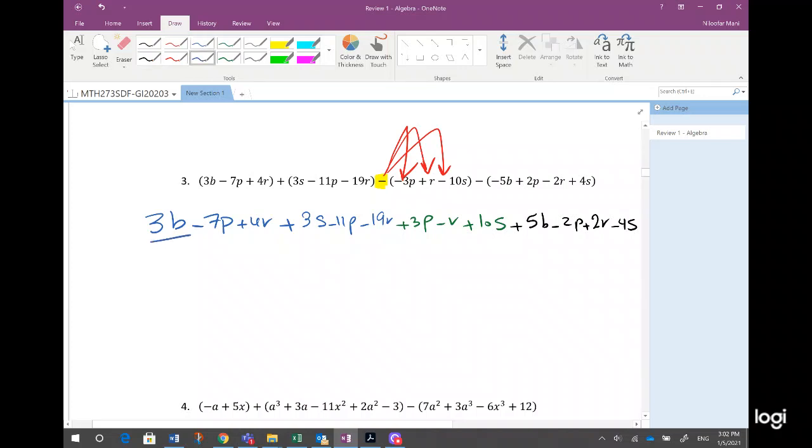Okay, 3B, P, R, S, P, R, P, R, S, B. I'm done. Now I go to P, and here, and here. How about R? R, and R, and R, and R. How about S, and S, and S? Okay?